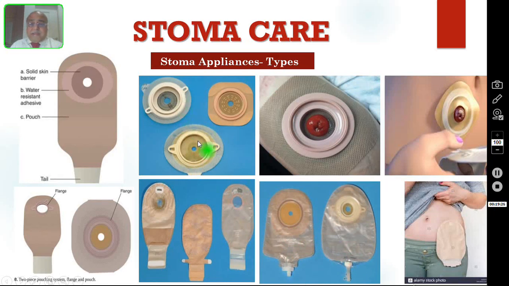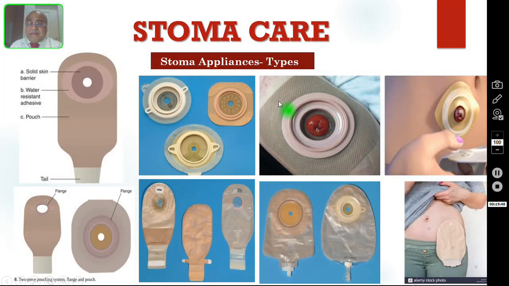So these flanges you have to apply over the stoma. This is what you are seeing here. This is the sticky part. Okay, this sticky part you have to stick to the patient's skin, and then this part you can cut according to the size of the stoma. That is what you have to stick according to the size of your stoma.